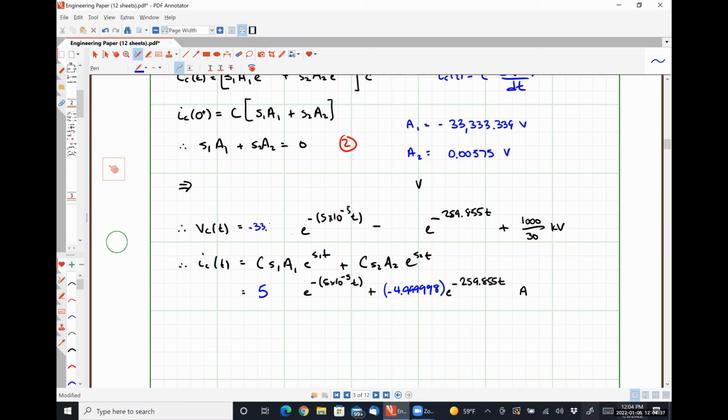So negative 33.3 kilovolts plus 5.75 millivolts. And that should be okay. I should have noticed it, but I didn't. VC at 0 was supposed to cancel out to be 0 as well. Now, this bit cancels this bit, and that bit's so small as to not matter, so it does equal 0. Actually, we did check it. So it seemed to have worked out either way.